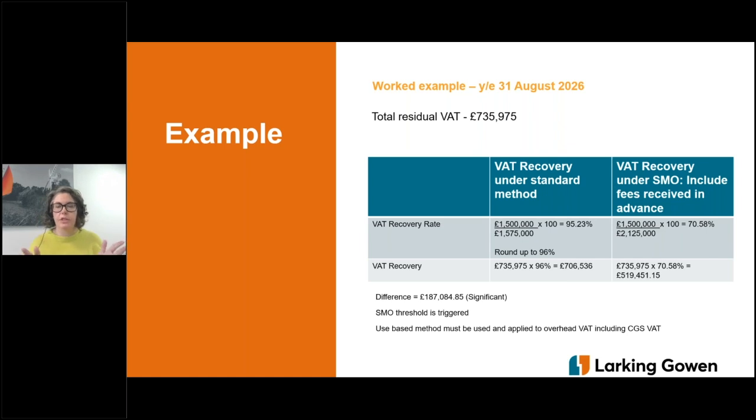So we compare those two numbers and we have to work out, is the difference between those two significant under the SMO rules? And here, yes, it is, because the difference of 187,000 is more than £50,000, and therefore we can only recover the 519,000 and not the 706,000.